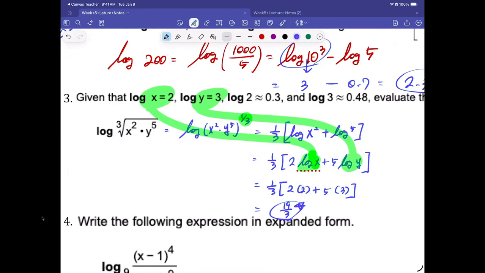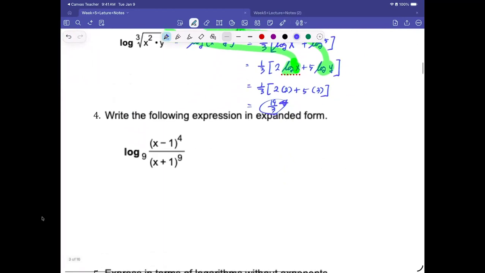Is it right? 4 plus 15, 19. So 19 times 1/3 is 19/3. Okay. What is this? Wow. All right.